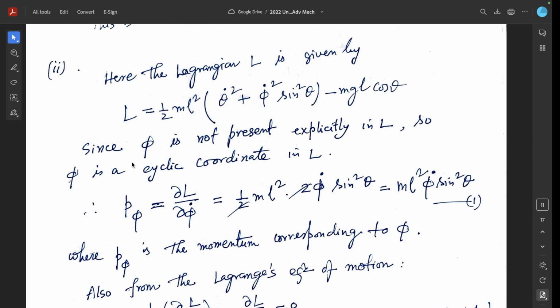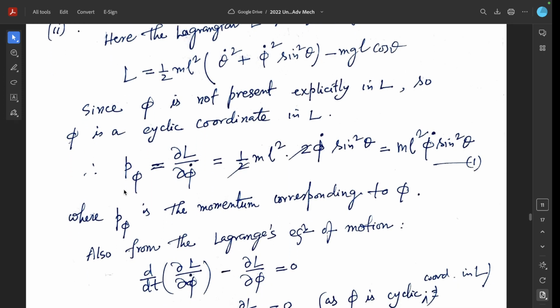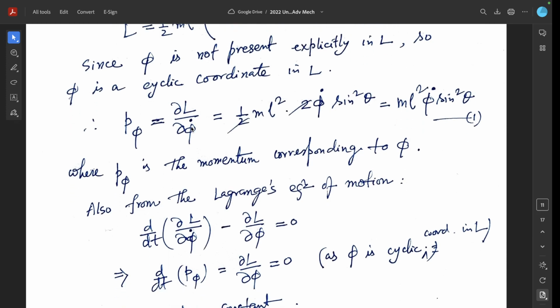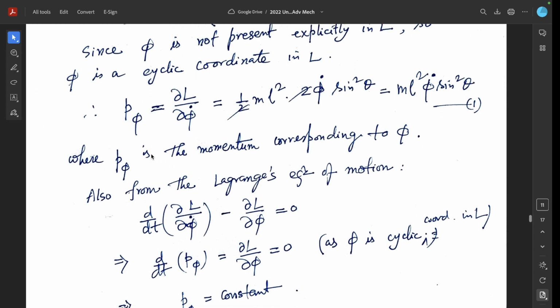So L equals this, here theta dot, but no phi. So phi is a cyclic coordinate in L. For this cyclic coordinate, p phi equals del L by del phi dot, and this equals m l squared phi dot sin squared theta, call this 1. And p phi is the conjugate momentum corresponding to phi.